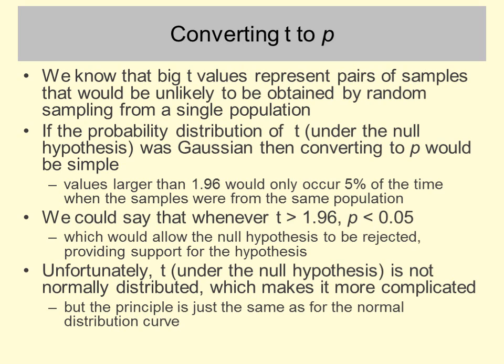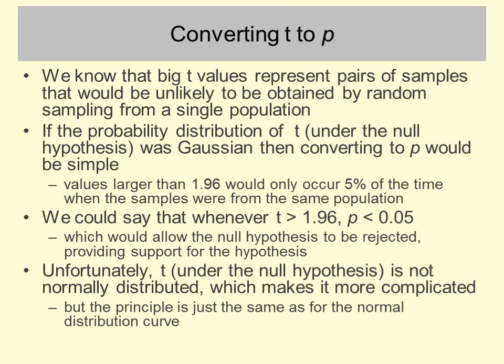So if the probability distribution of t when the null hypothesis is true was Gaussian, i.e. a normal distribution, then converting t to p would be pretty easy. Values of t larger than 1.96 would only occur 5% of the time when the two samples were from the same population of schools.